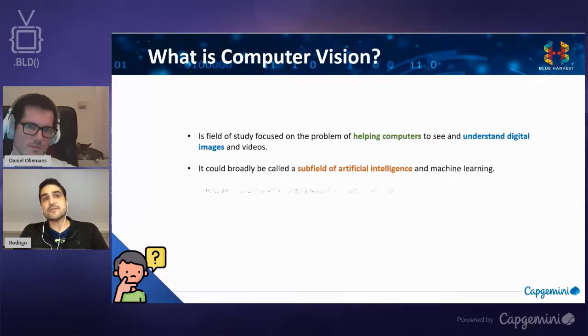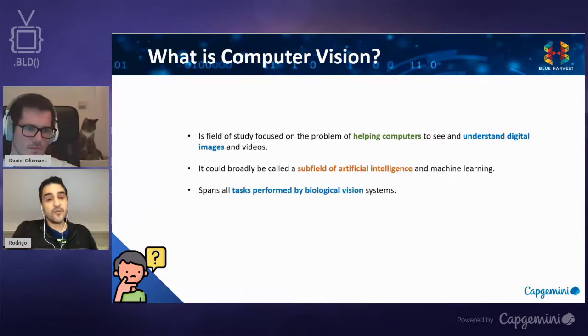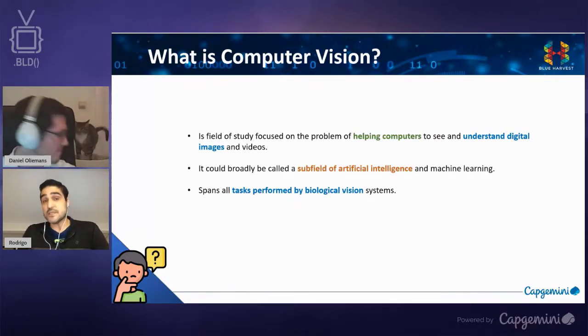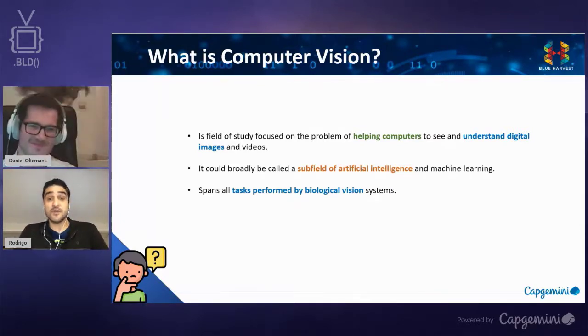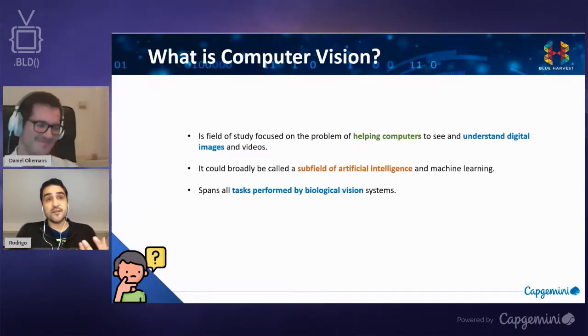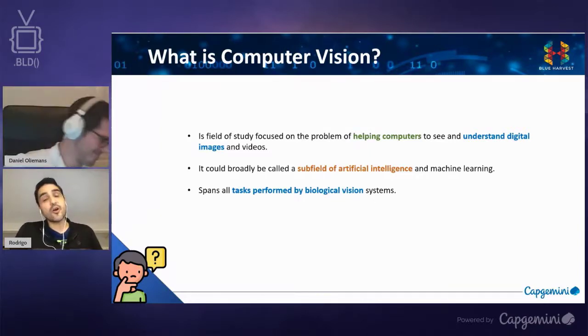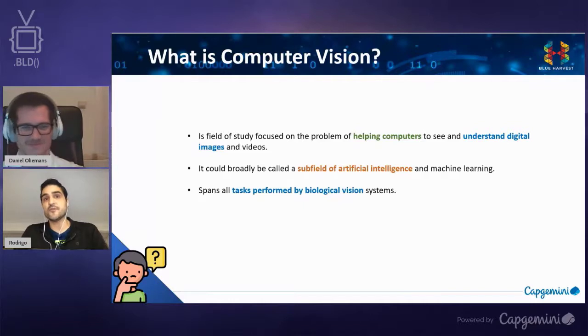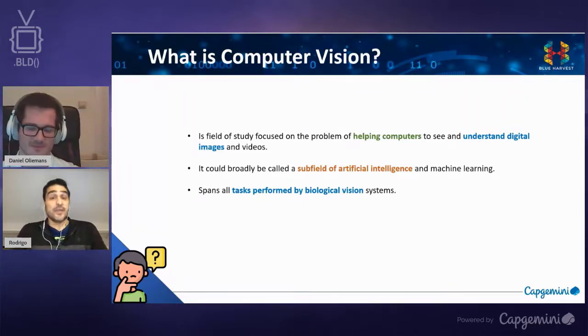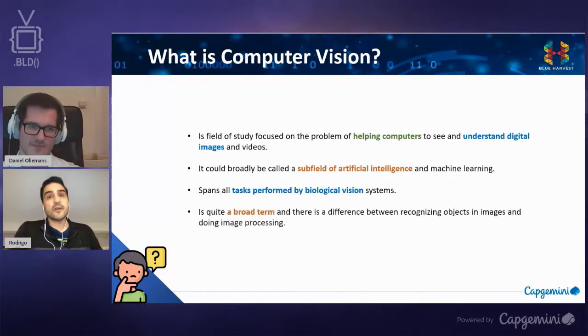Computer vision spans all the tasks that we normally have with human vision, including sensing the visual stimulus, understanding what is being seen, and extracting complex information into a form that can be used later for processing. We can already say that computer vision is a broad term, and there are differences between recognizing objects, images, and doing image processing.